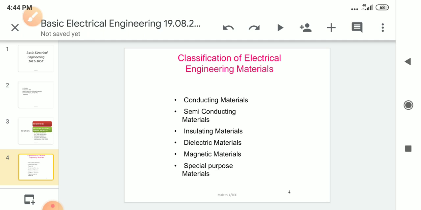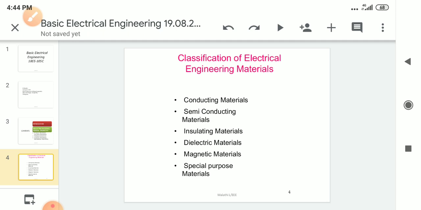Every time we require insulating material, otherwise it is very dangerous to handle a conducting material. When electrical current passes through the conducting material, if it is near the ground, very serious accidents occur. That's why the material which insulates prevents the flow of current through it when a potential difference is applied across it.